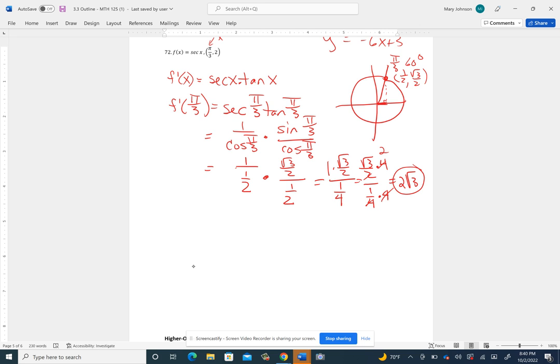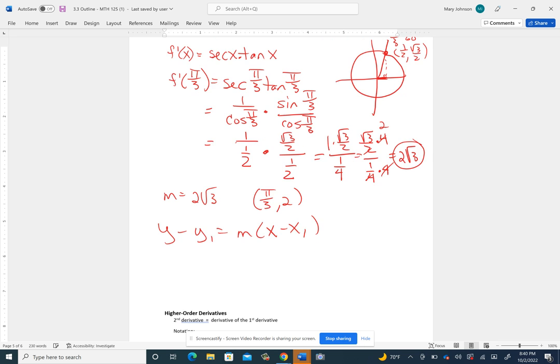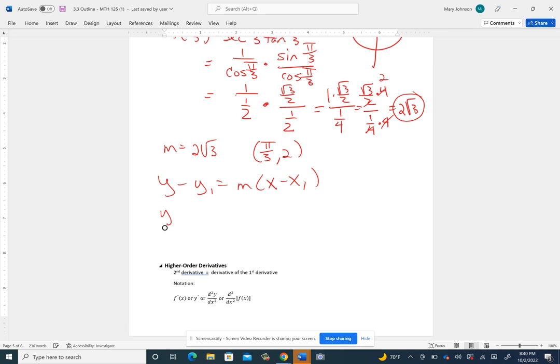That's the slope of the tangent line to the curve at that point, pi over 3, 2. So there's m, and here's the point. I'm using y minus y1 equals m times x minus x1. So I'm going to put in the 2 for the y1, the 2 square root of 3 for the m, and x minus pi over 3.